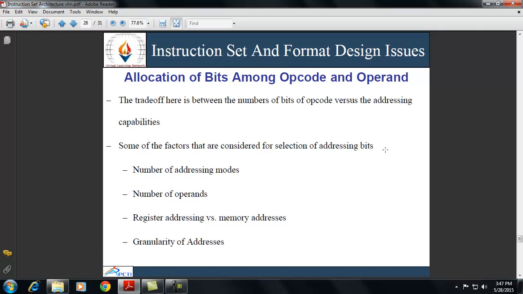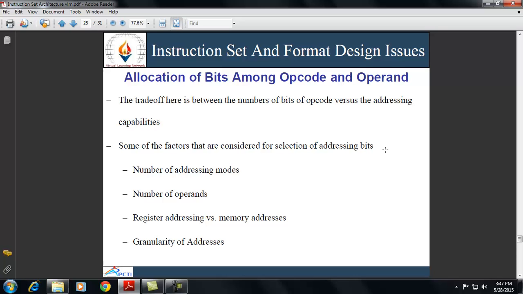Now, while allocating the bits among opcode and operand, what are the main factors that are to be considered? First is the number of addressing modes. The more explicit addressing modes there are, the more bits are needed for mode selection. However, some machines have implicit modes of addressing. Next is the number of operands. A fewer number of operand references in an instruction, although requiring fewer bits, yields longer programs.